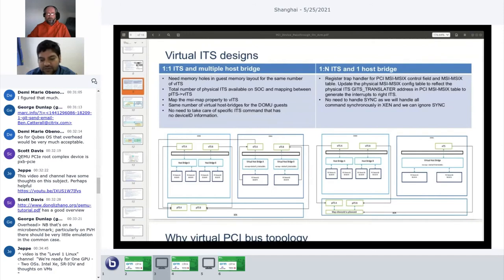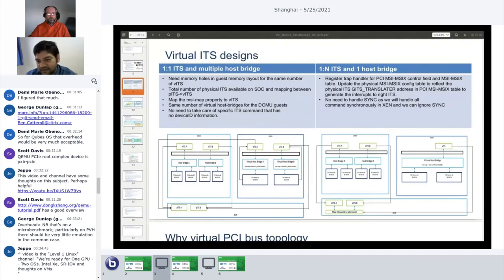So there is an MSI property that we have to fill when we create a virtual host bridge device tree node. When this device is assigned to the guest, this tells to which virtual ITS it can inject an MSI interrupt, so that Linux can configure the MSI domain correctly.